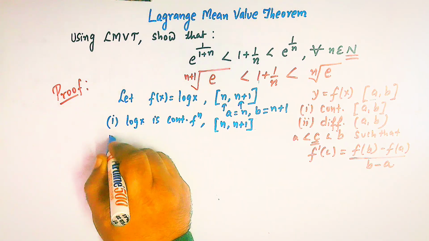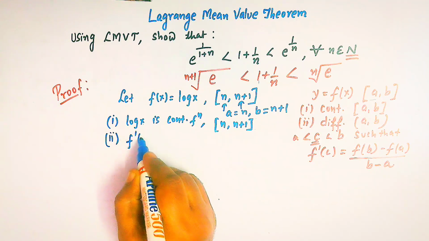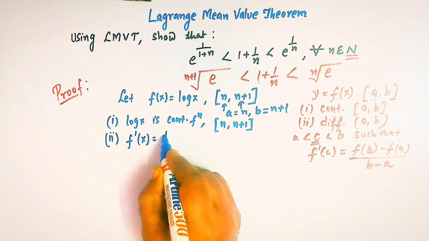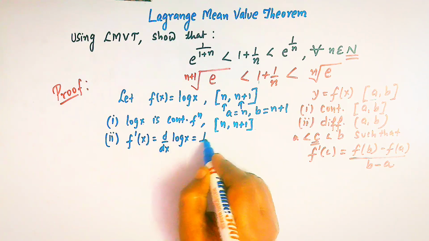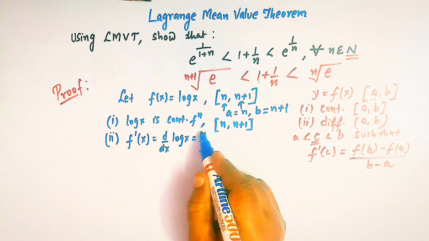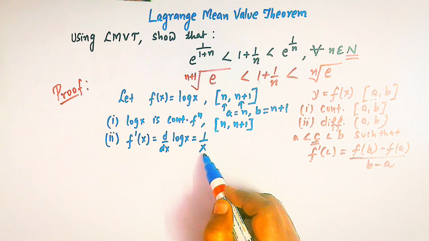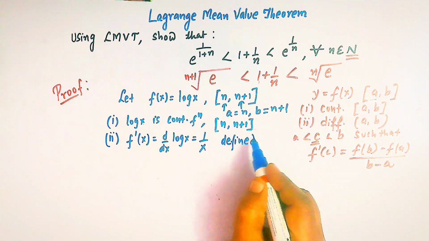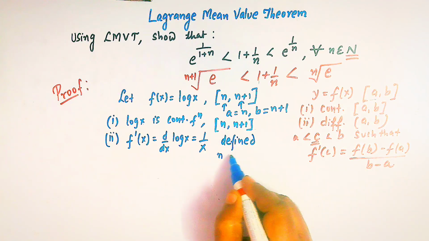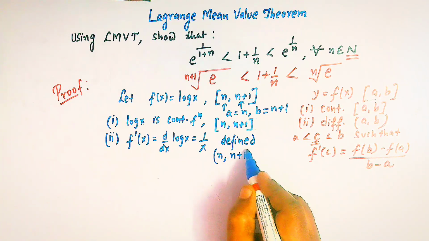Now let us differentiate this function log of x. So f prime of x is equal to the derivative of log of x, which is equal to 1 over x, and we can see that this function 1 over x is defined for all values of x belonging to the interval n comma n plus 1.